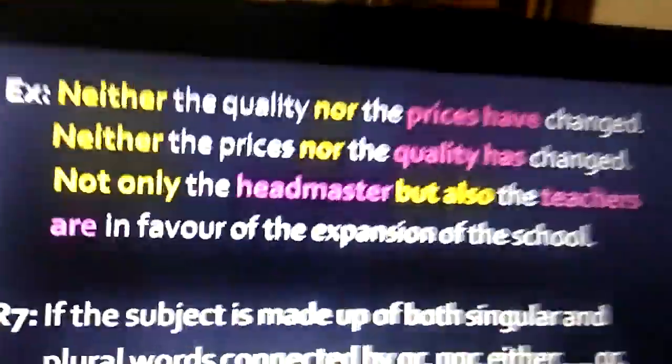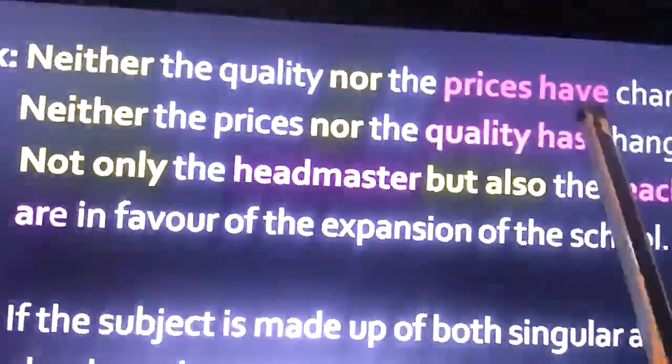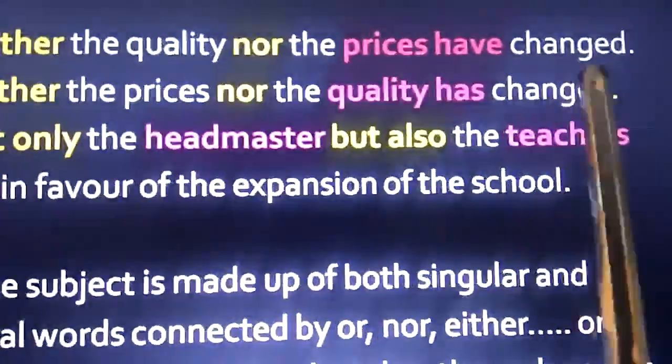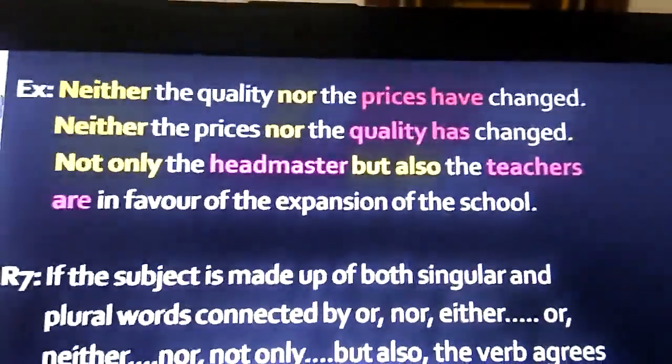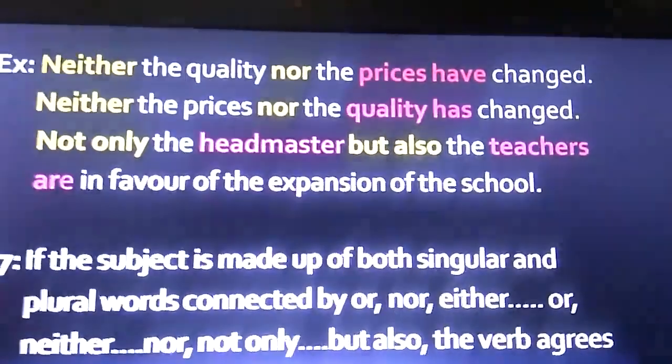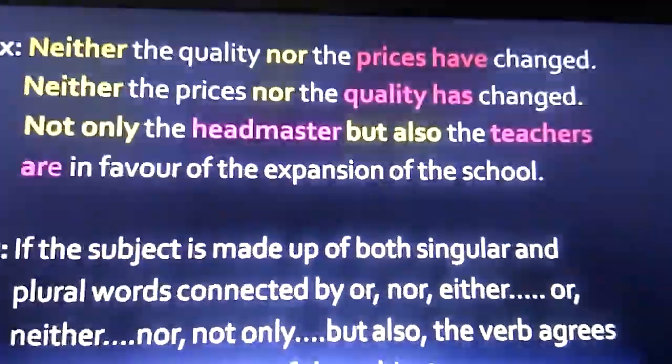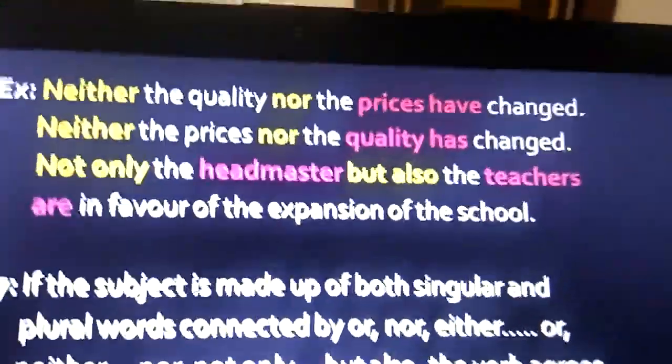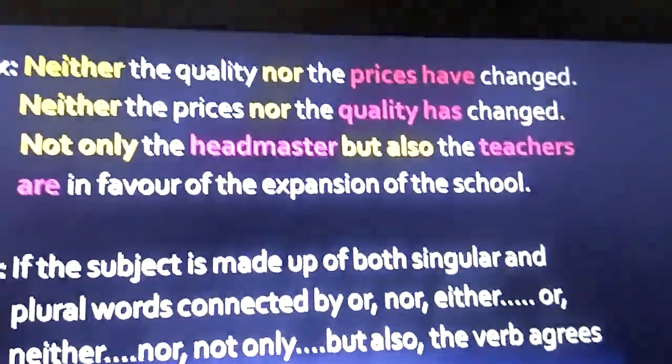We take one more sentence here. Neither the quality nor the prices have changed. In this sentence, we are connecting two nouns. One is singular: quality, which is not a countable noun, of course.